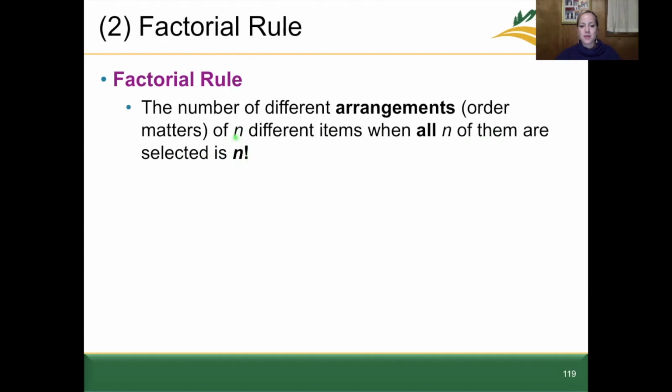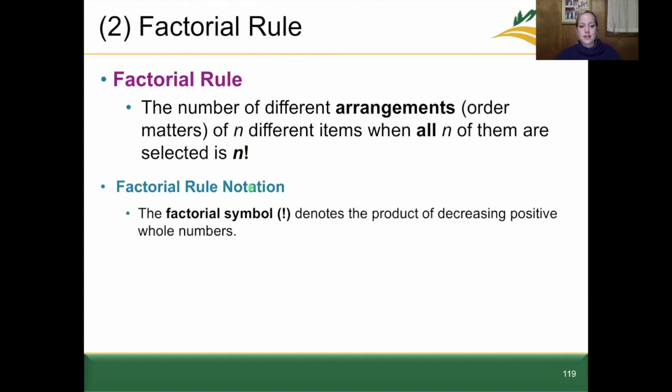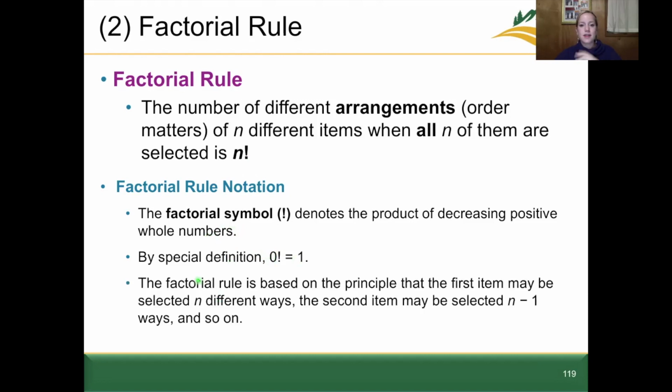Now let me explain what this factorial part means. So this factorial symbol, or an exclamation point, denotes the product of decreasing positive whole numbers. One special case you need to keep in mind is that when we have 0 factorial, that's really equal to 1. Now keep in mind, in the factorial rule, the order matters.